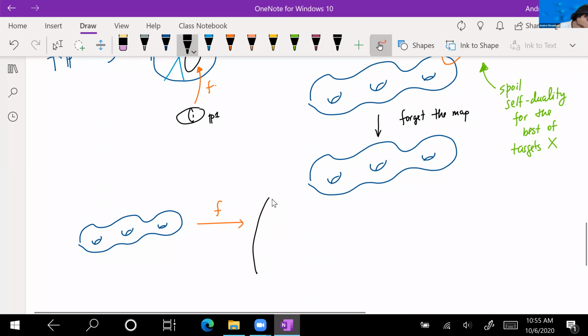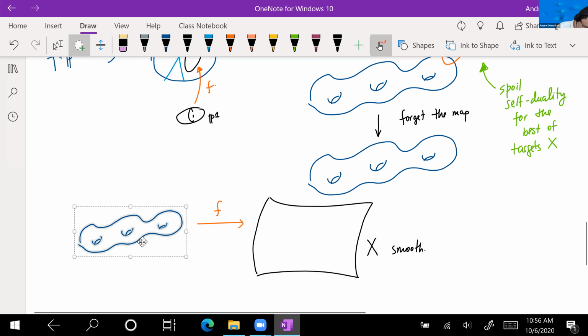This is X, and this X is smooth. So what are the deformations?